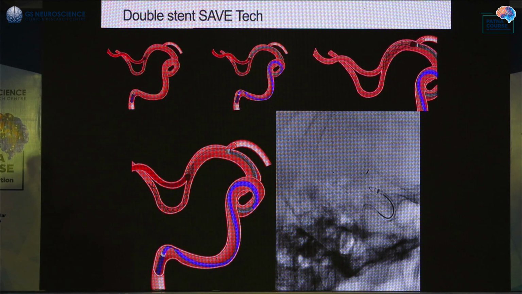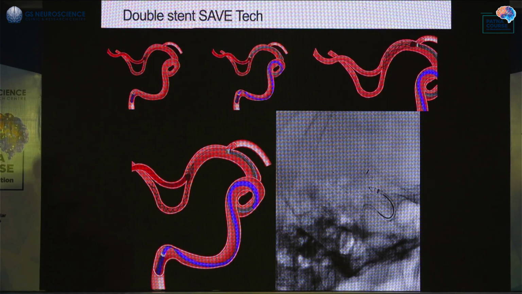What exactly happened with the interventionists when they were doing the stent retriever technique in a particular patient? There was a white clot at the bifurcation. So they first went from the inferior division. In that situation, the clot was pushed upward and it didn't capture.